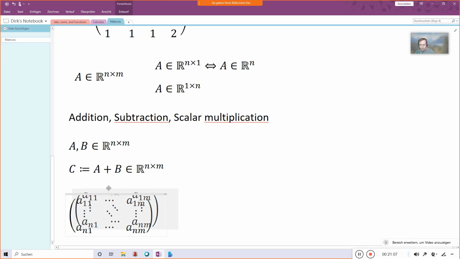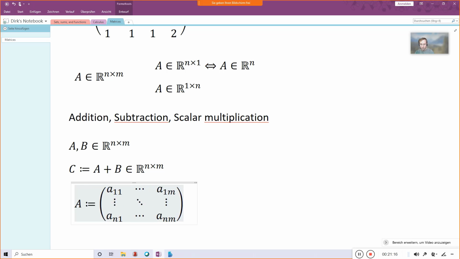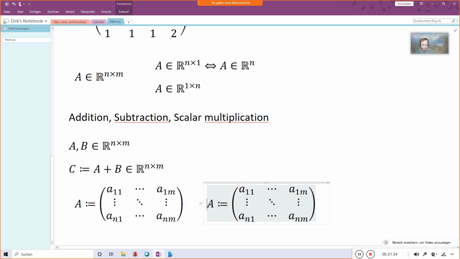So if this is our matrix A, and we have a matrix B that is of the same dimension, we can just rewrite all of this like this.